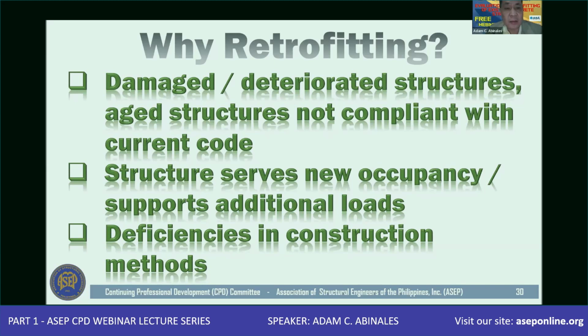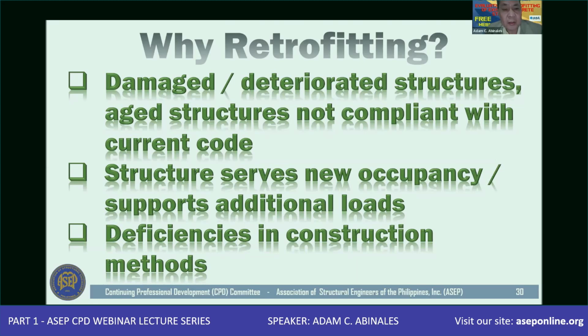Then you are practically changing the occupancy, so there would be a change in the loading. Or if you have a structure which you expand vertically, and you will be supporting additional loads, then obviously you will have to do retrofitting of the lower floors.